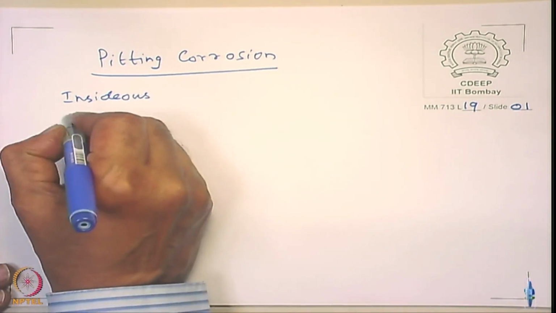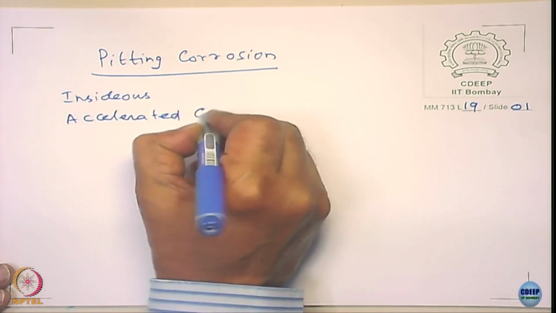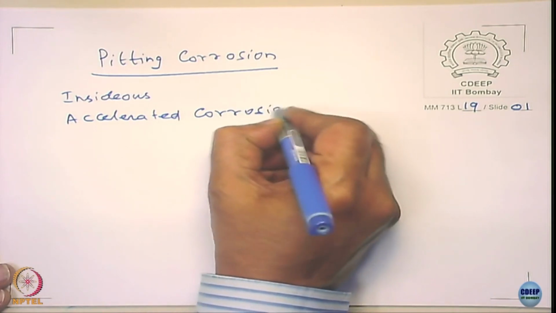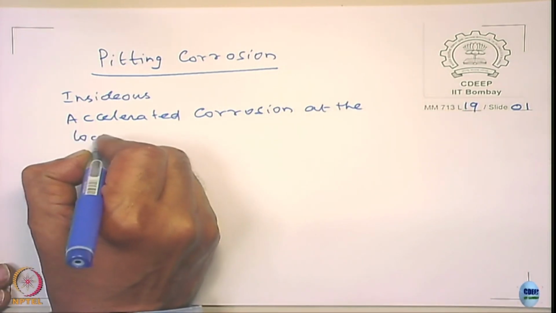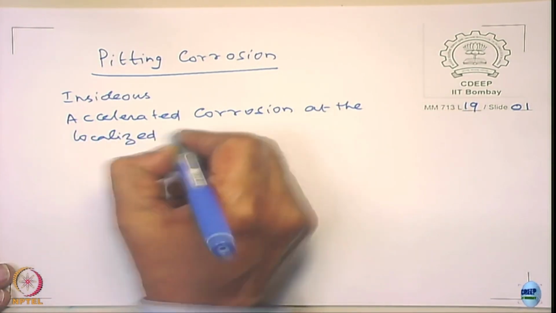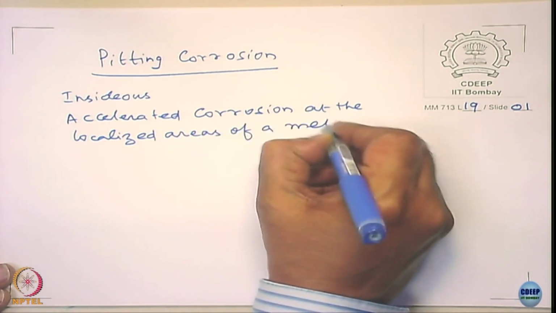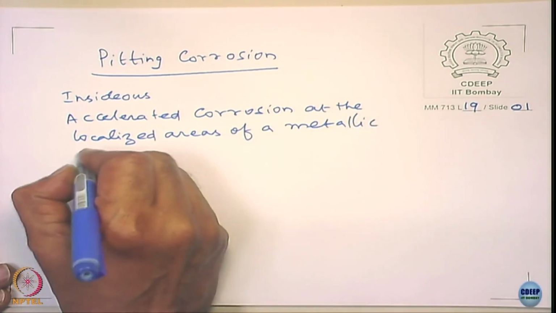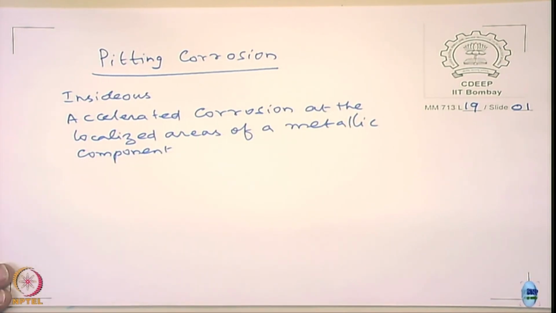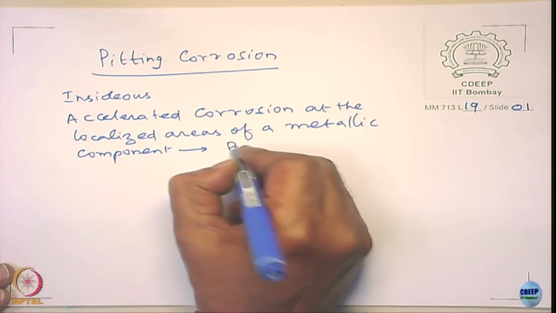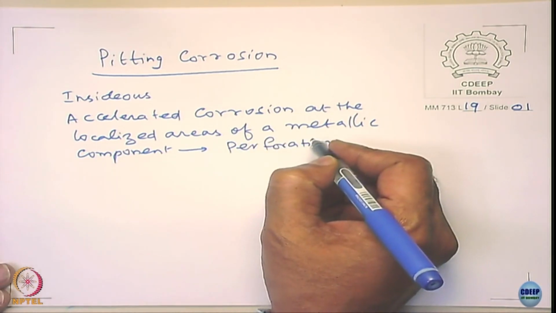It can cause accelerated corrosion in localized areas of a metallic component, and it can ultimately lead to perforation. It can be a leak.